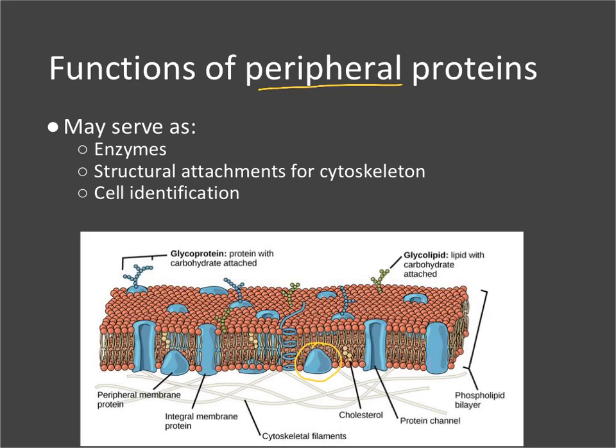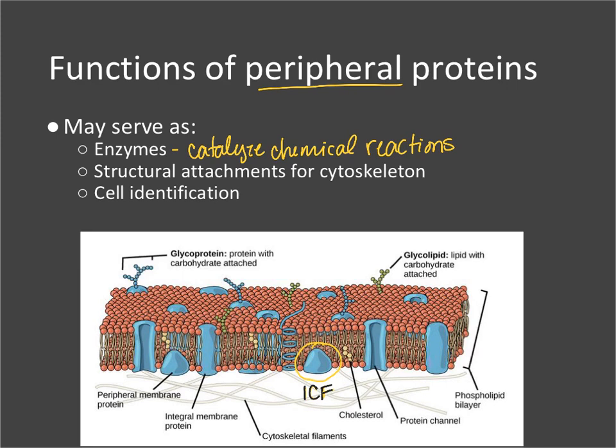So it's really only touching the intracellular fluid here and not the extracellular fluid. Now these peripheral proteins can serve a couple of different functions. One is that they can be enzymes. So remember that enzymes are substances that catalyze chemical reactions. That just means that these are things that can speed up chemical reactions.